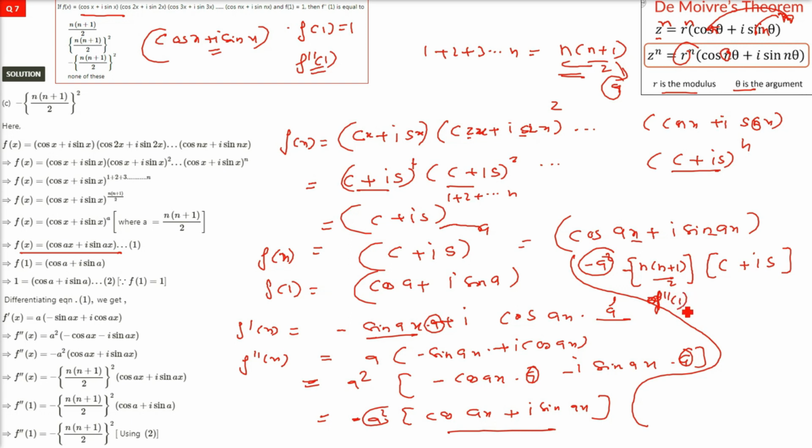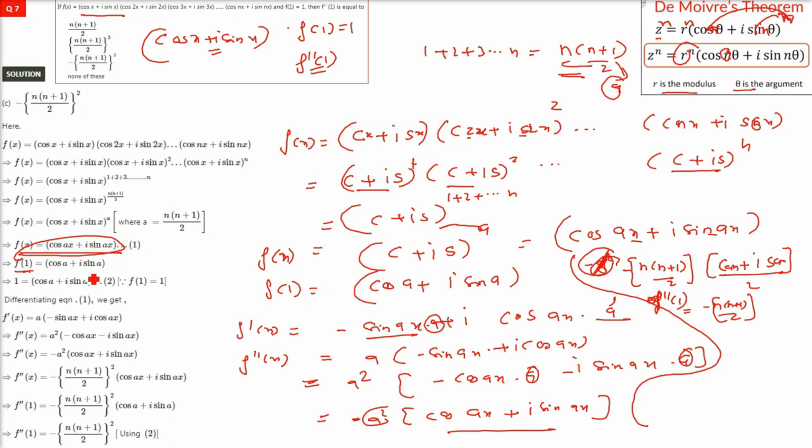So this second term, cos a plus i sin a, is nothing but 1 from equation 2 in this case if you see to the left. Alright. So f double dash 1 is nothing but minus (n(n plus 1) by 2) whole square into (cos a plus i sin a). Cos a plus i sin a is 1. So you are just left with minus (n(n plus 1) by 2) whole square.